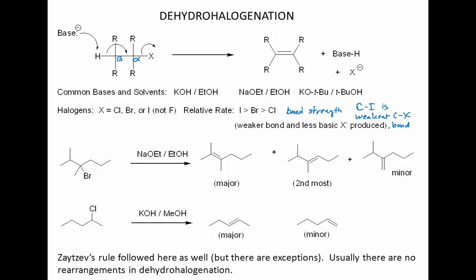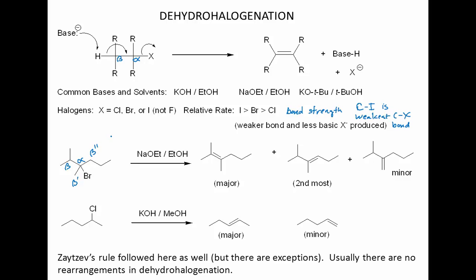Okay, so here's a couple of examples where you can form multiple types of products. And you see, just like in the dehydration reaction, the dehydrohalogenation is subject to Zaitsev's rule. Here we see the most substituted double bond as the major product. In the top case, there's the possibility of forming three distinct compounds. So that's alpha, this is beta, beta prime, and beta double prime.